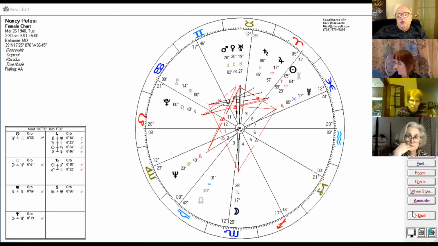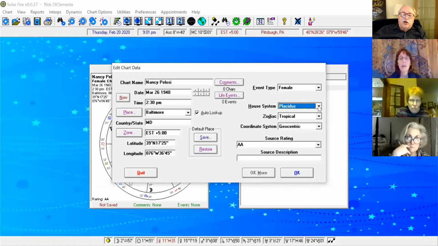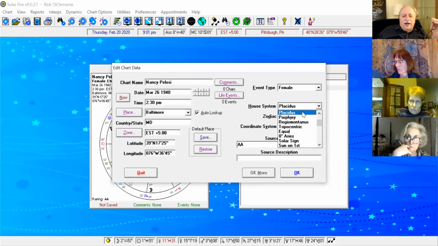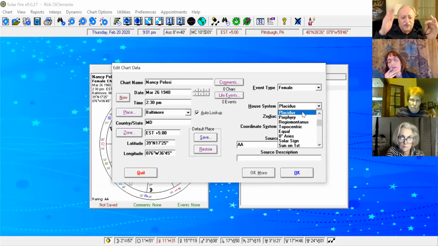Let me show you what I mean. Doing her chart, right here are the house systems. These are the house systems. I've got to get it on your screen. Okay, when I do her chart, I pick Placidus. Placidus was, I can't remember if it's Roman or Greek, a famous mathematician. Most astrologers use the Placidus system, and the Placidus system divides that circle up by time and space.